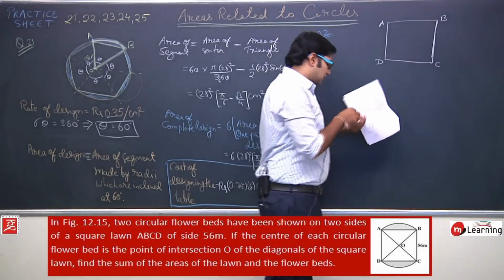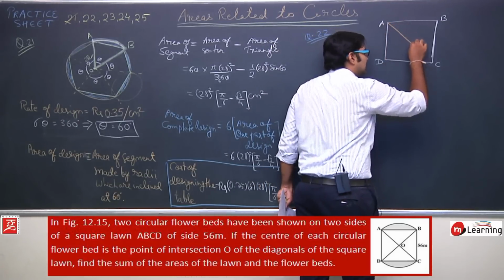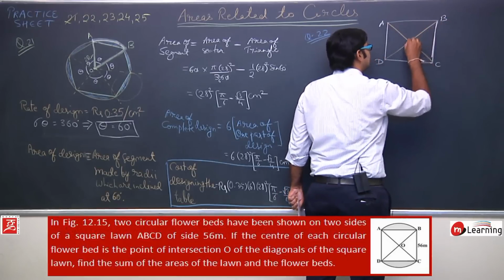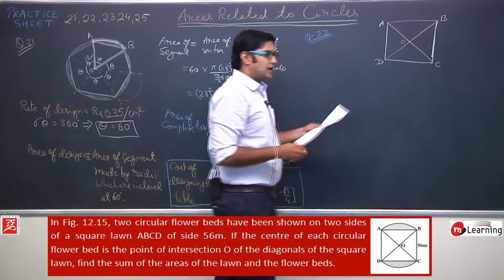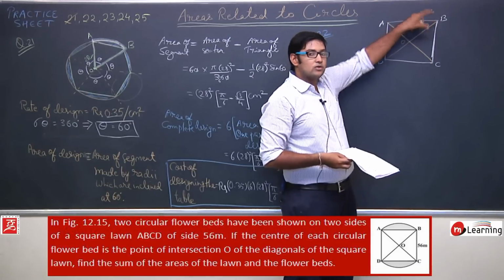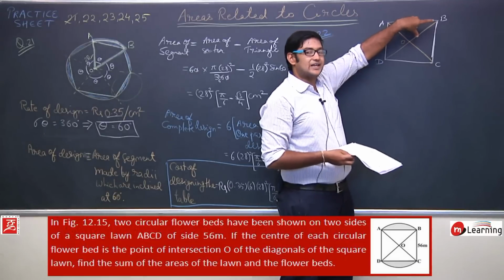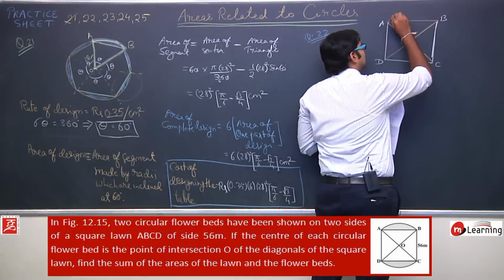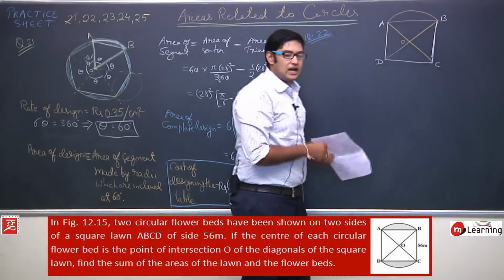Now the diagonals of this lawn are AC and BD. AC and BD are the diagonals which intersect at point O, and using O as the center and AO, or BO, as the radius, I have drawn an arc like this.